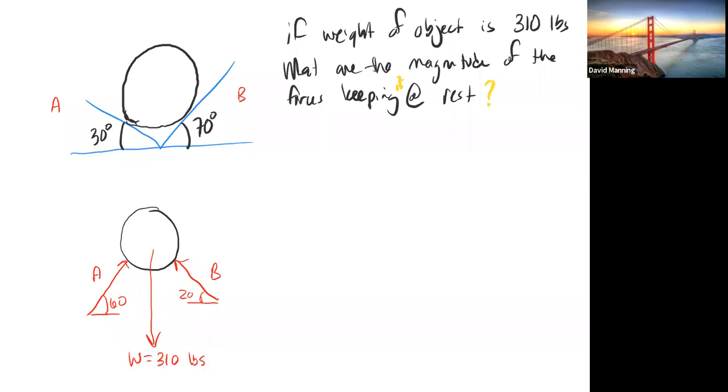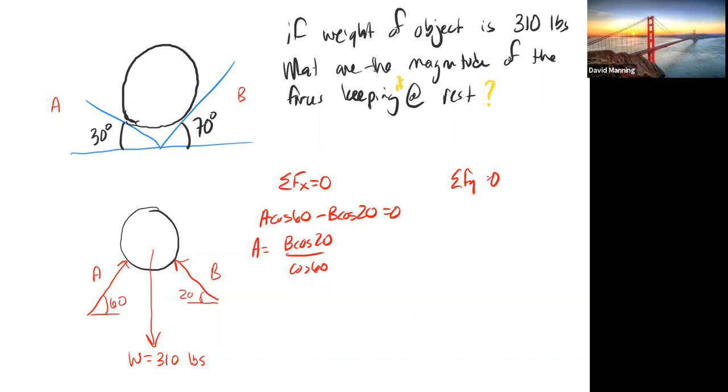So that's what your free body diagram looks like. In the x direction, we're going to say the sum of the forces in the x equals 0. A cosine 60 minus B cosine 20 equals 0. A equals B cosine 20 over the cosine of 60. Then in the y direction, A sine of 60 plus B sine of 20 minus 310 equals 0.